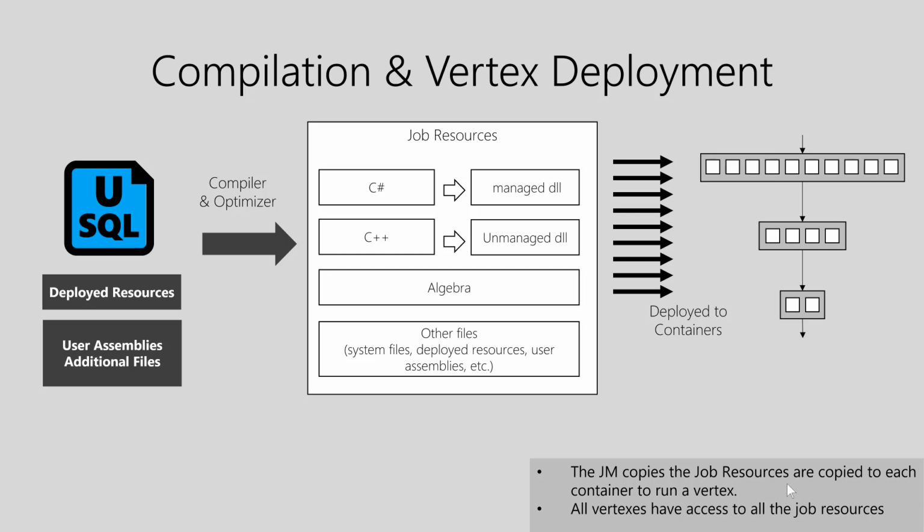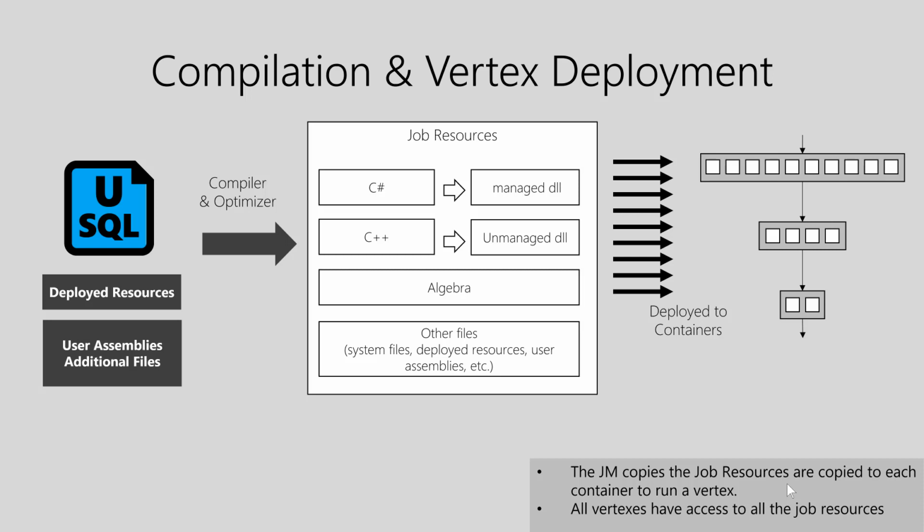When you compile a script, you have these resources, as we call them. Some of them are just the normal U-SQL resources, like our own runtime bits. Others are resources you provided, like a reference data file, or .NET assemblies or text files you've asked to be deployed on each vertex. That's the entire set of job resources.